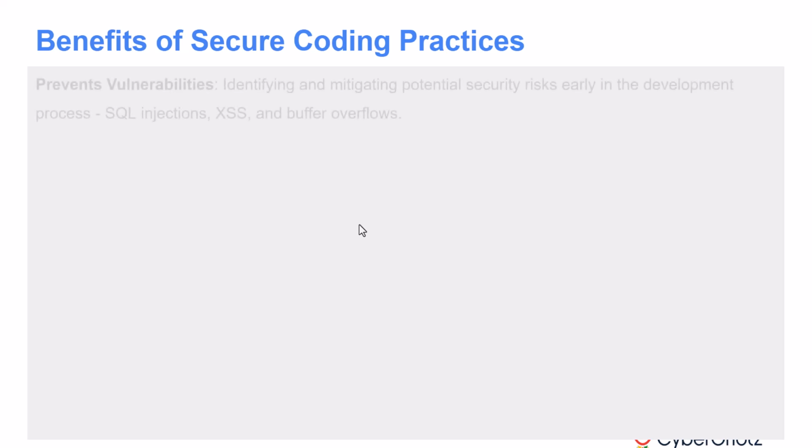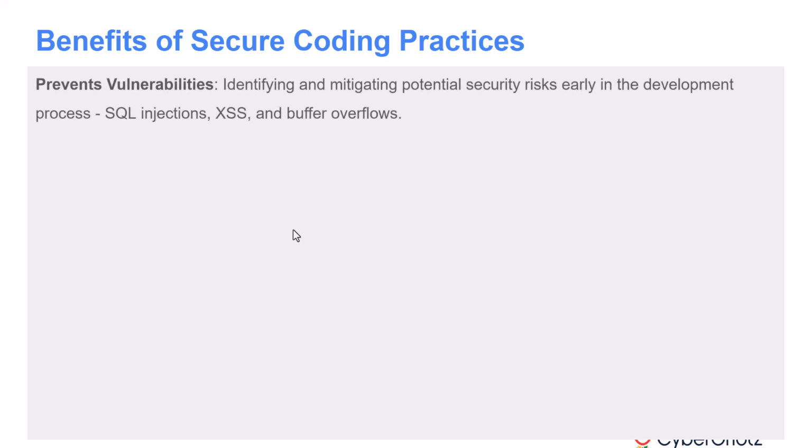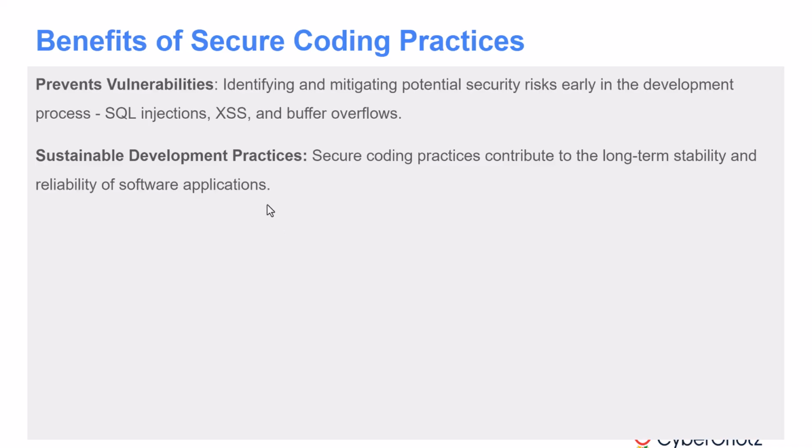So, what are the benefits? Well, it prevents vulnerabilities, identifying and mitigating potential security risks early in the development process, and prevents vulnerabilities such as SQL injections, cross-site scripting, and buffer overflows. As I mentioned, implementing secure coding practices is essential in terms of your secure development lifecycle when it comes to ensuring that your applications are developed with these in mind.